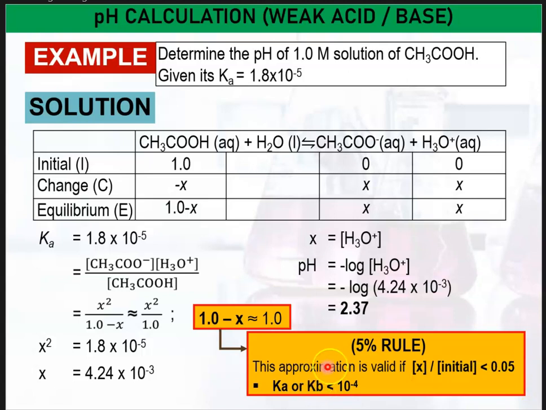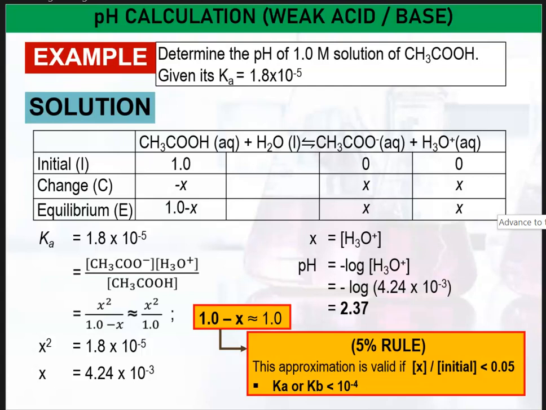Then the approximation is valid. If not, you have to solve X using the quadratic equation. So Ka or Kb must be less than 10 to the power of negative 4. So that is the calculation of pH for a weak acid.